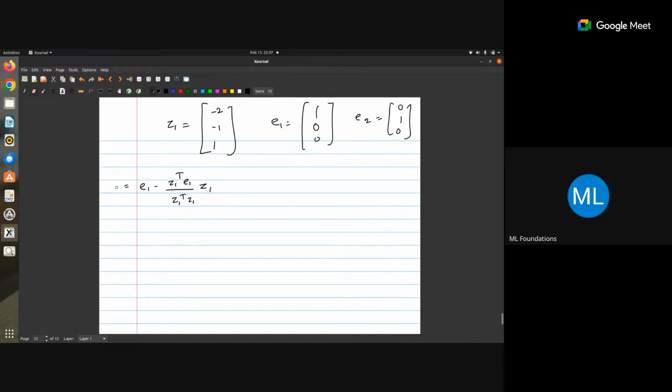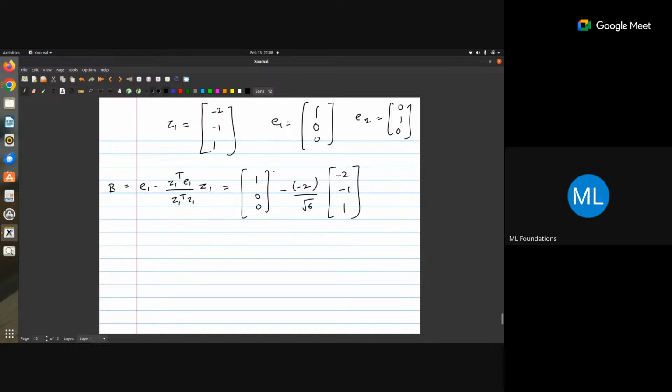Is that fine? We'll do that. Minus, what is Z1 transpose E1? This value is minus 2, right? And what is the length of Z1? It's root 6. Here it is minus 2, minus 1 and 1.